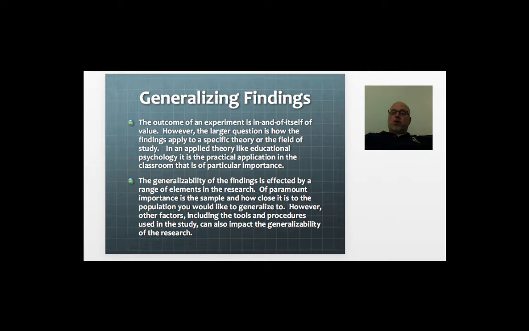That is, who are the subjects within our study? And we want our subject pool to be representative of the general population we want to apply the research to or generalize the research to. So the nature of the makeup of who's actually in the study is going to make a big difference in terms of our ability to generalize.